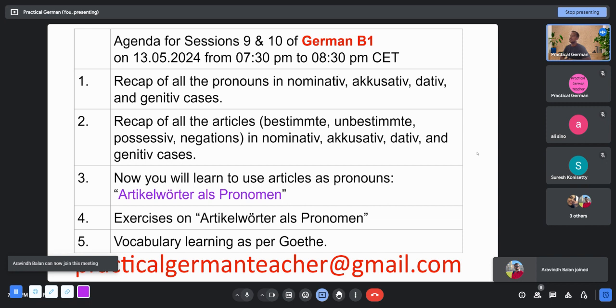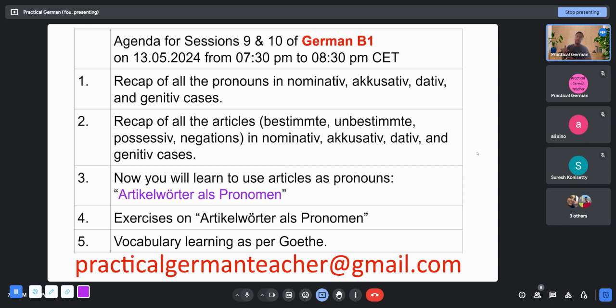Today, 50% we will do a recap of things that you already know, because today our focus is on Artikelwörter als Pronomen. It literally means: how can you use articles as pronouns in German language? Meaning, you have articles in German language, der, die, das, ein, einer, kein, keiner, mein, dein, and so on.